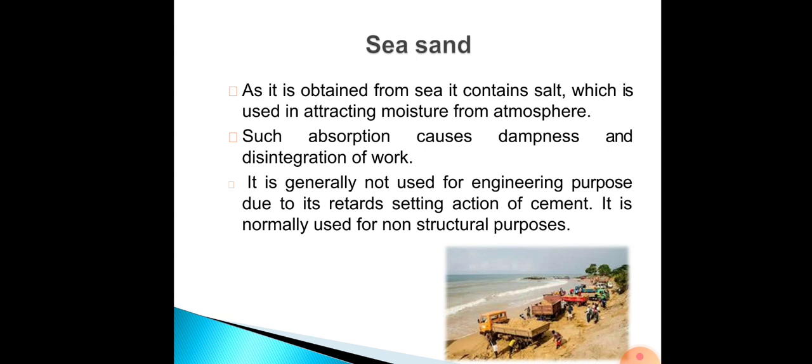Hence when we use such sand in construction, the absorption of moisture from the atmosphere will cause dampness, and it may lead to the disintegration of work. So whenever we use sea sand in construction work, there is always a possibility of attraction of moisture from the atmosphere, and normally we don't use it for engineering purposes because it also retards the setting action of cement.